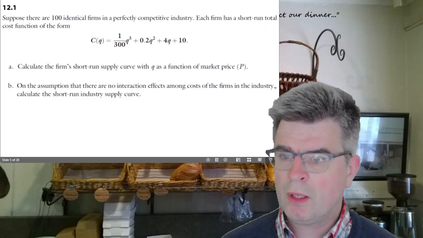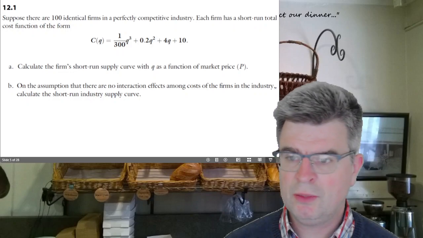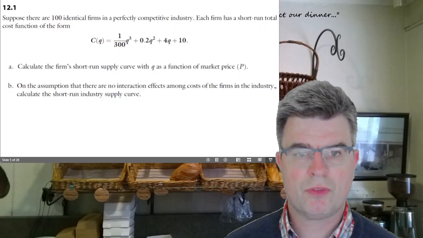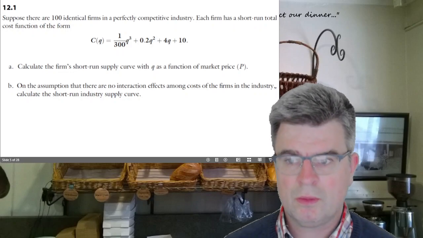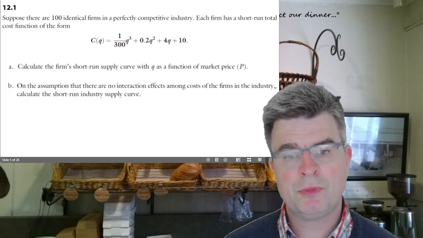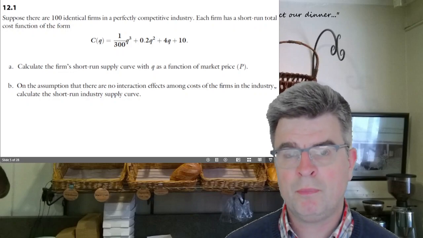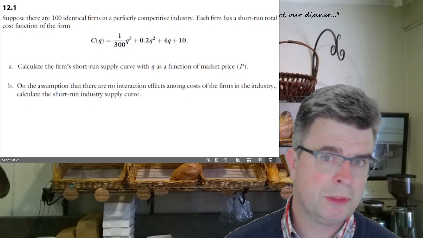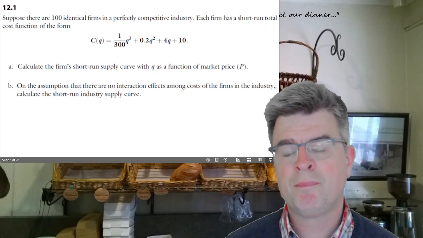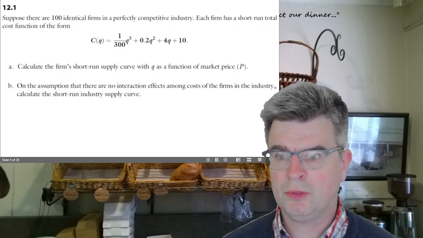So, on the assumption that there are no interaction effects among cost of the firms in the industry, compute the short-run industry supply curve. So, this assumption makes life pretty easy. So we have 100 firms. We have computed for one firm the individual supply function. So we now simply multiply with the number of firms active in the industry in the short run, and we get the short run industry supply curve.